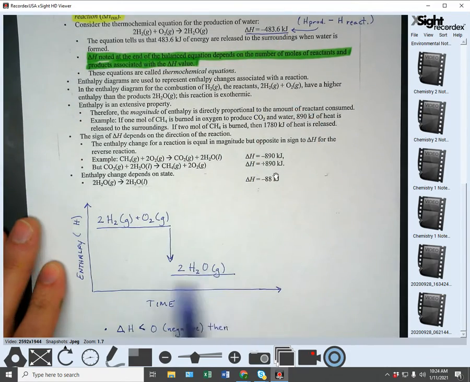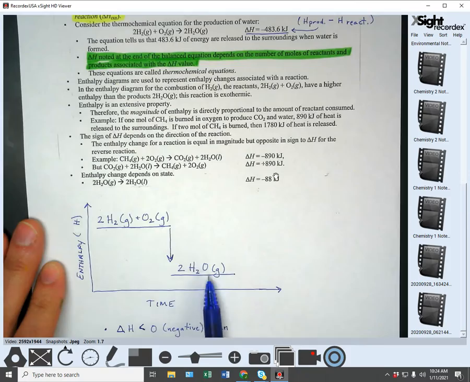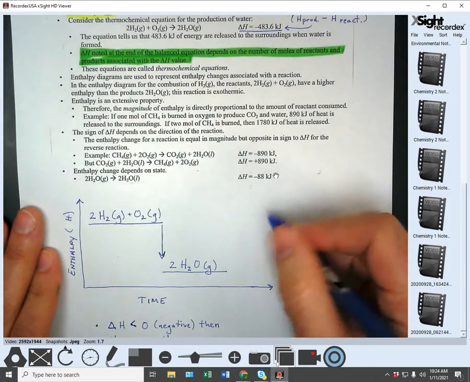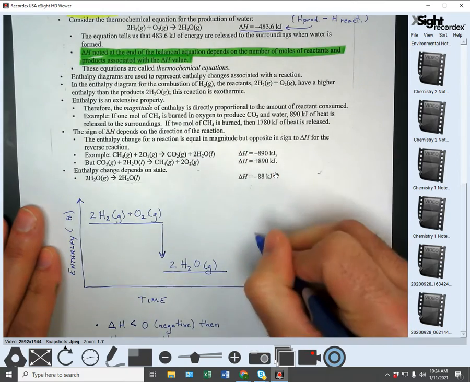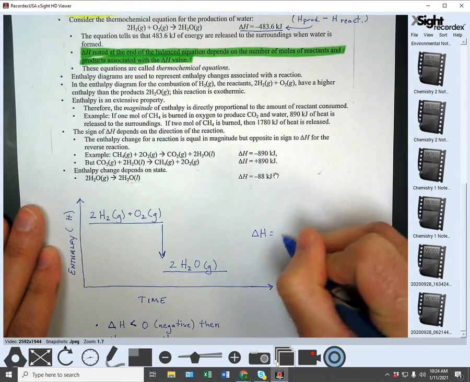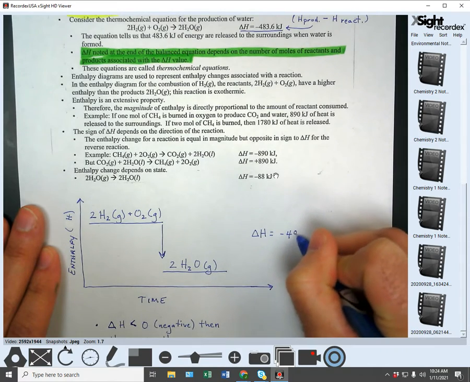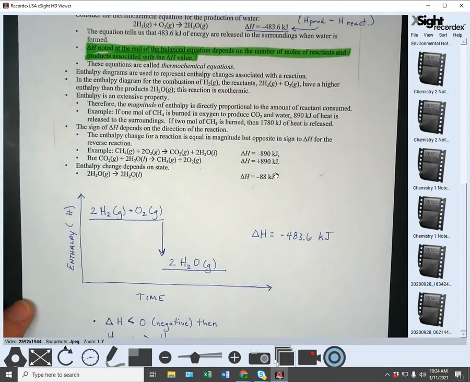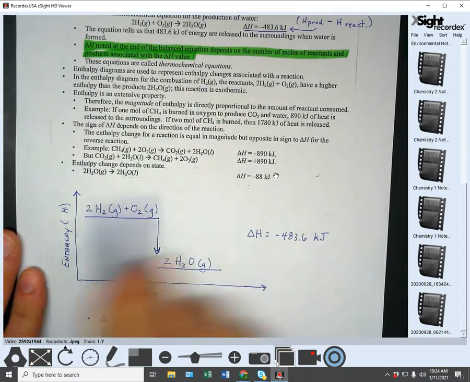Okay. That's the enthalpy diagram. And the only thing left, over to the right, is you're just going to write the delta H in. Delta H equals negative 483.6 kilojoules. Okay. This is the enthalpy diagram.